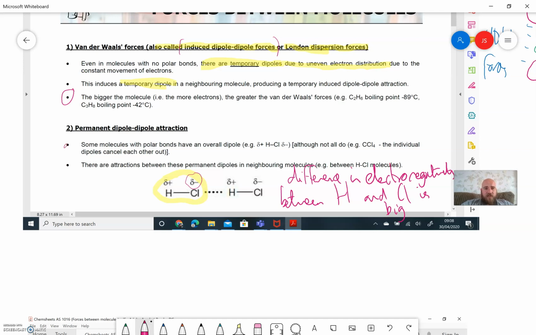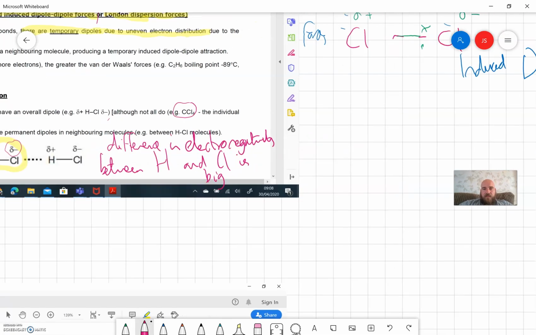So let's just read our explanation. Some molecules with polar bonds have an overall dipole, although not all do. Just remember that some molecules will have polar bonds, but not be polar molecules, and that's all to do with symmetry. For example, it says here that CCl4 is non-polar. So why is that?